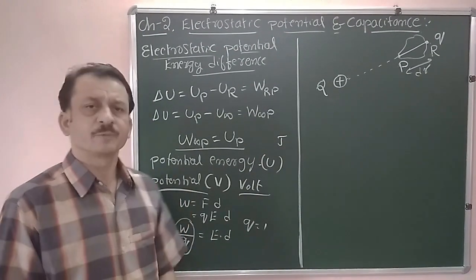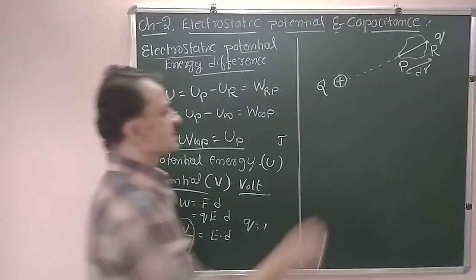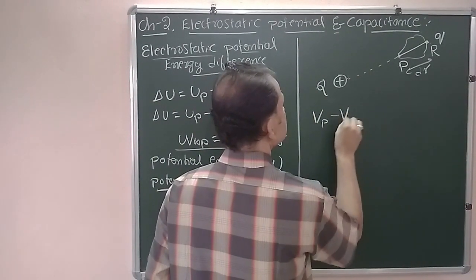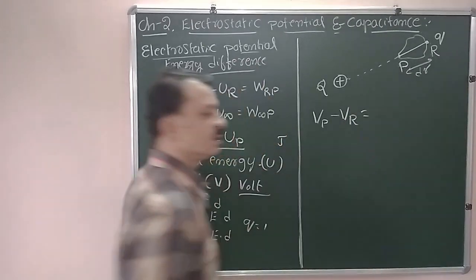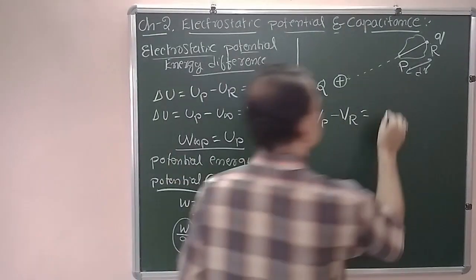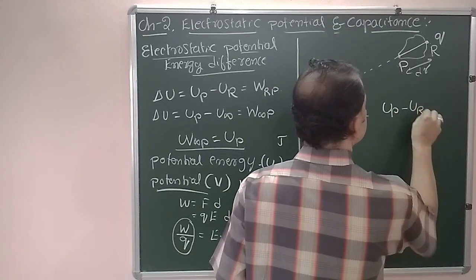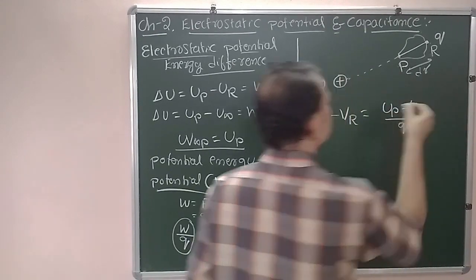Therefore, the potential difference between 2 points can be written as the potential at the point P minus the potential at the point R, which should be equal to the potential energy at P minus the potential energy at R divided by the charge.